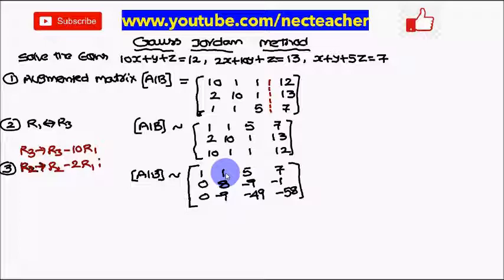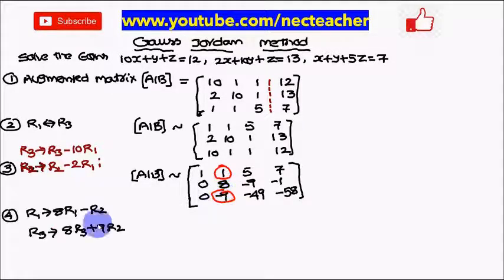Don't touch the diagonal elements. Therefore 1 and minus 9 you have to make 0. Using which element? Using the diagonal element 8. So for that, R1 gives rise to 8R1 minus R2, R3 gives rise to 8R3 plus 9 times R2. First we will do that.